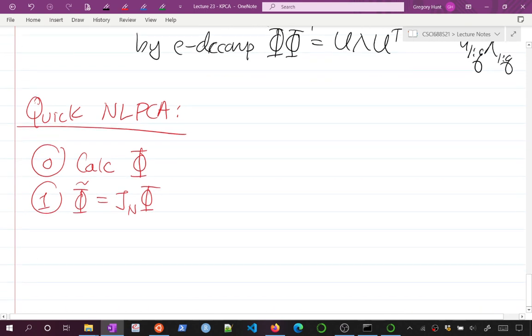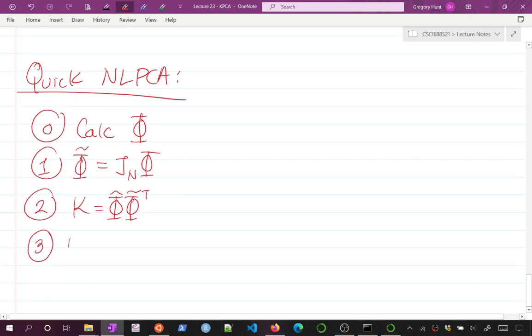Step 2, I calculate what I'm going to call K, which is phi tilde phi tilde transpose, and I'm going to eigendecompose K as U lambda U transpose.